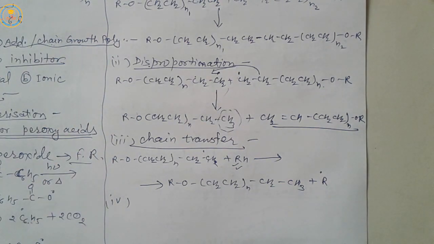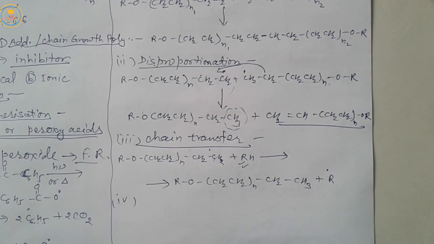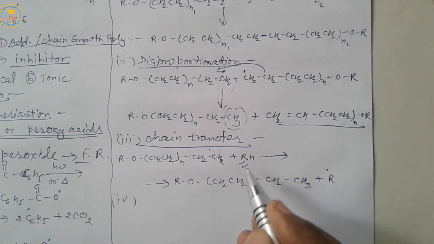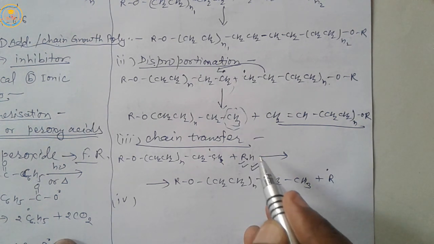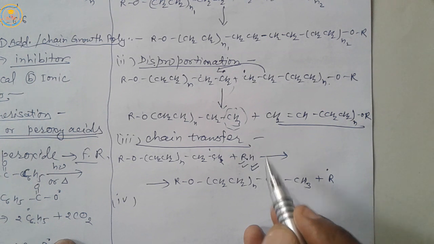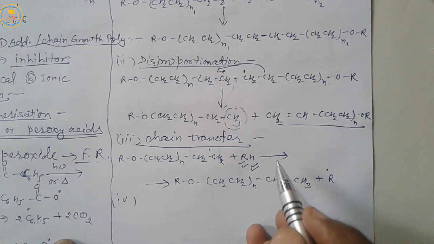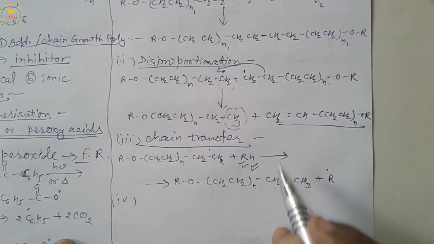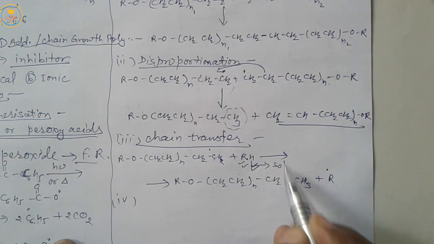Here RH is a chain transfer agent. It may be the initiator or monomer. Very important: it may be initiator or monomer, but generally the chain transfer takes place by solvent.